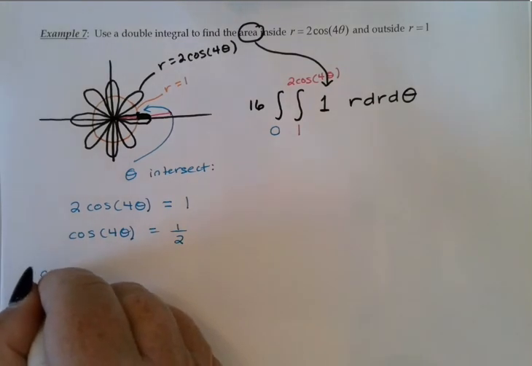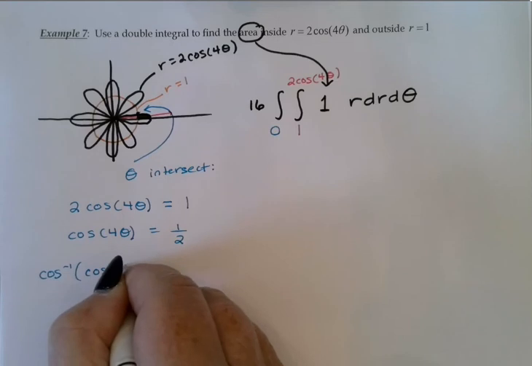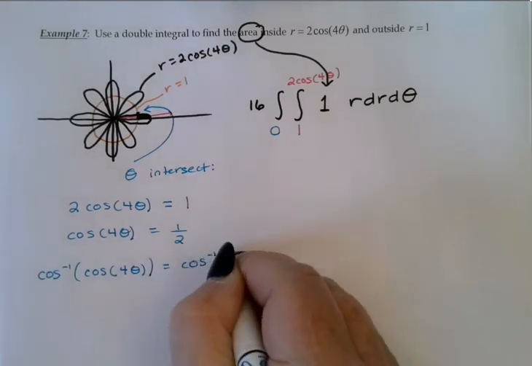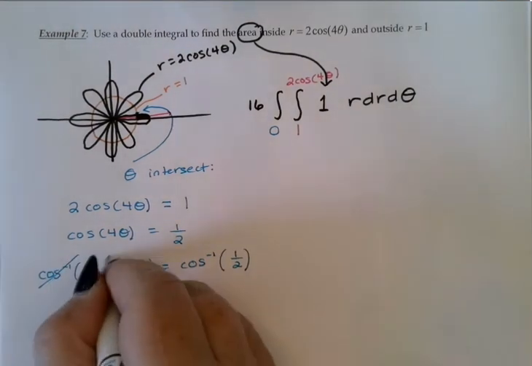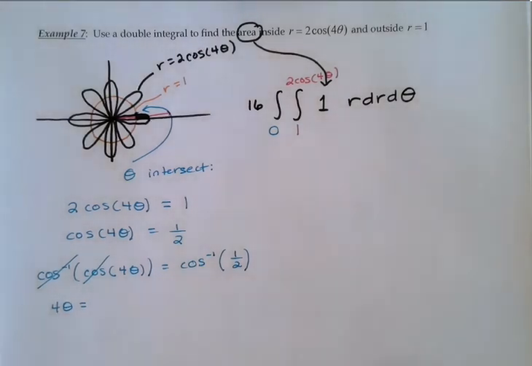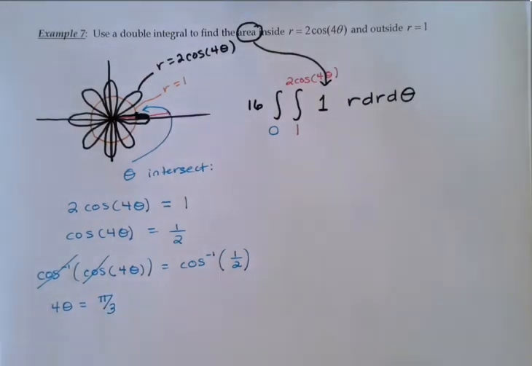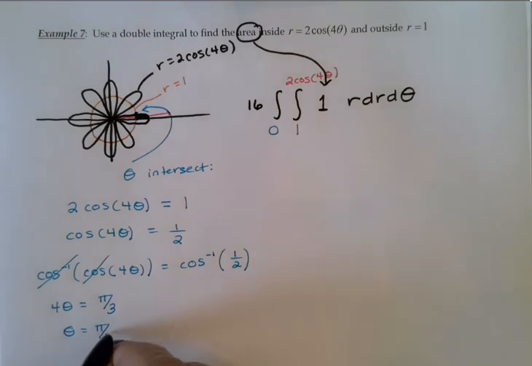So once again, I'm going to take the inverse cosine of both sides, and 4 theta would be equal to the inverse cosine of 1/2. In the first quadrant, that is pi over 3 again. I'm stuck on that same value today. So dividing by 4, theta is going to be pi over 12.